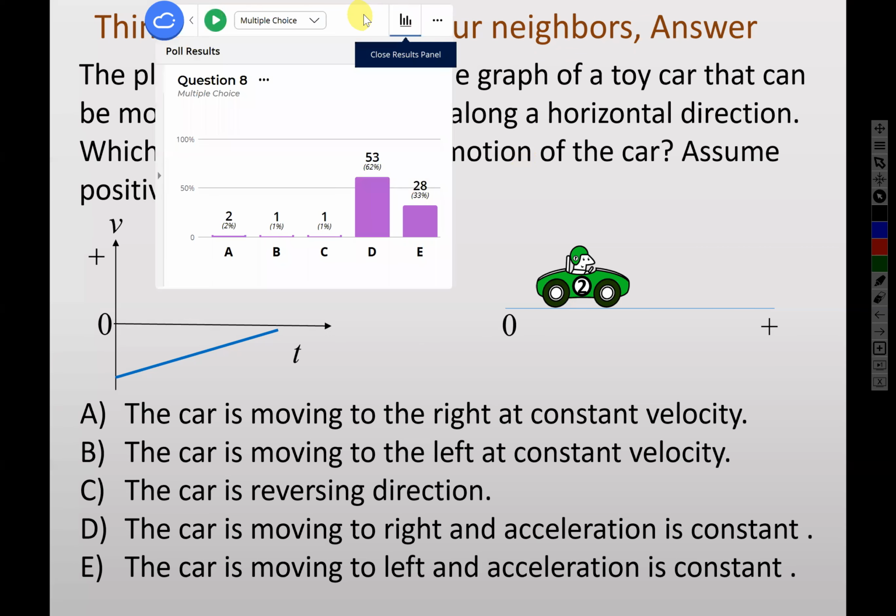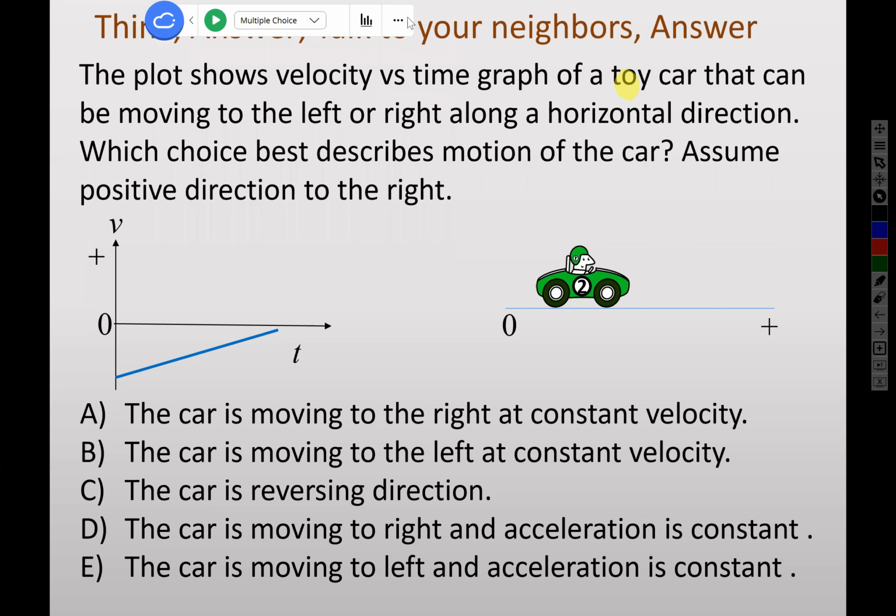Okay, let's see what happened. So now mostly D and some E. Okay, so looks like we need the teacher here.